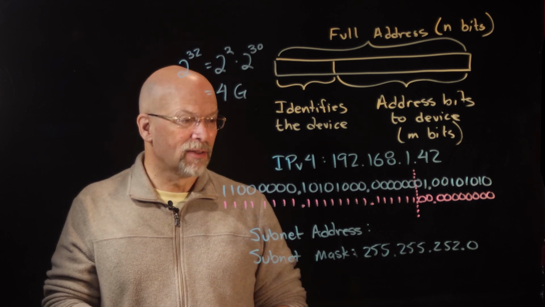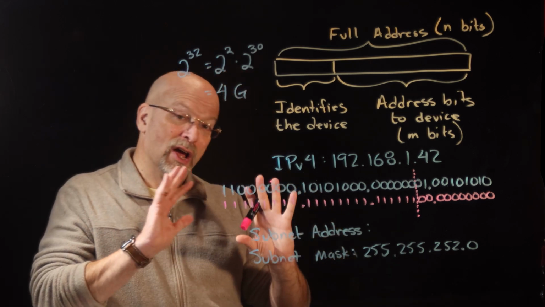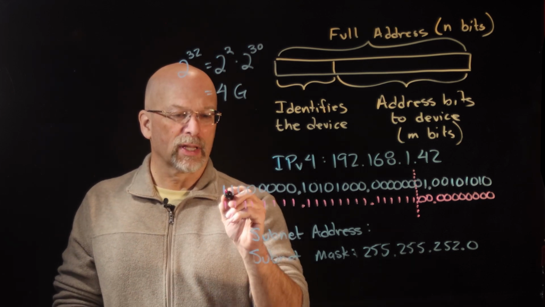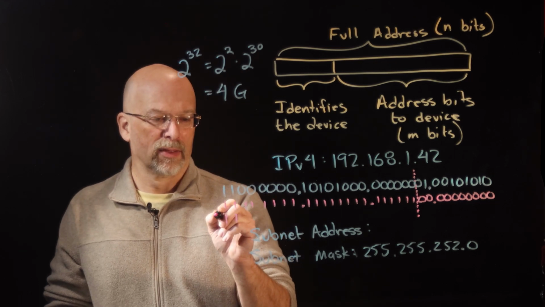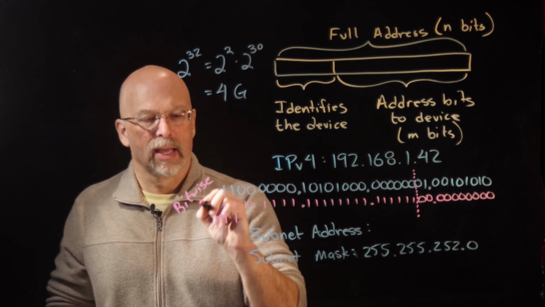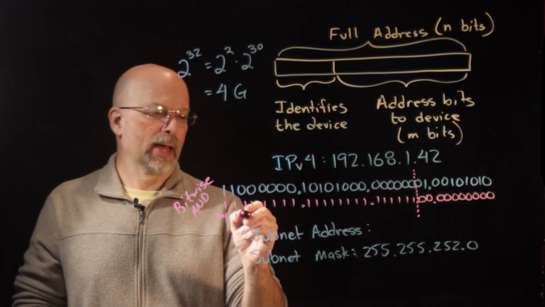Now, if you remember your bitwise operations, let's perform a bitwise AND. A bitwise AND would give me 1 and 1 is 1, 1 and 1 is 1. So this right here is the bitwise AND of the address with the subnet mask.